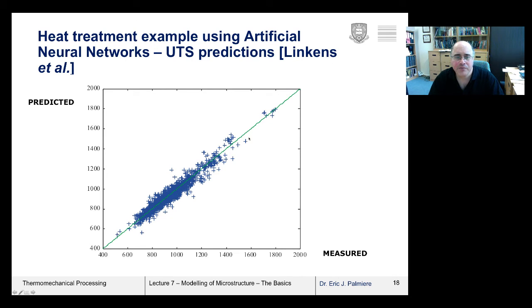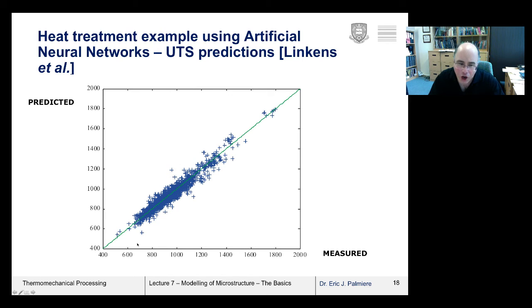We have some scatter, as you would expect, but nevertheless, it's a model that we can be comfortable with. Now, the critical thing on these sorts of models is we can use them for interpolation, particularly where we have areas of sparse population of data. We can fill that in, and it's quite good.